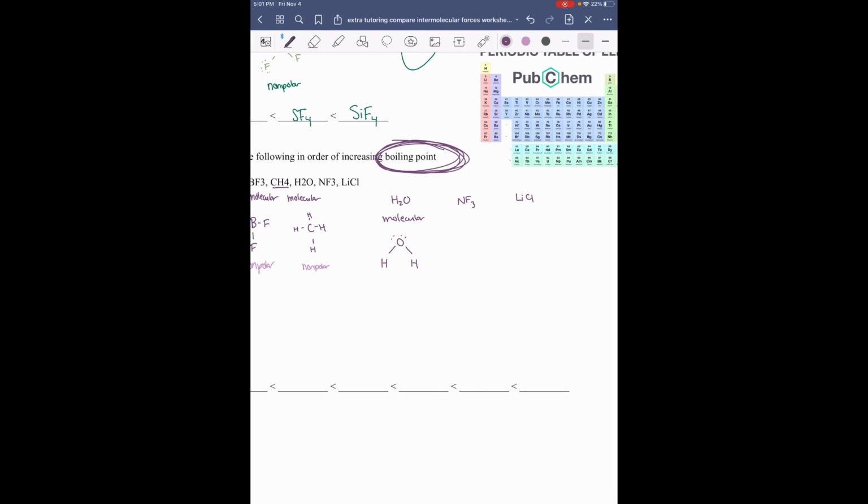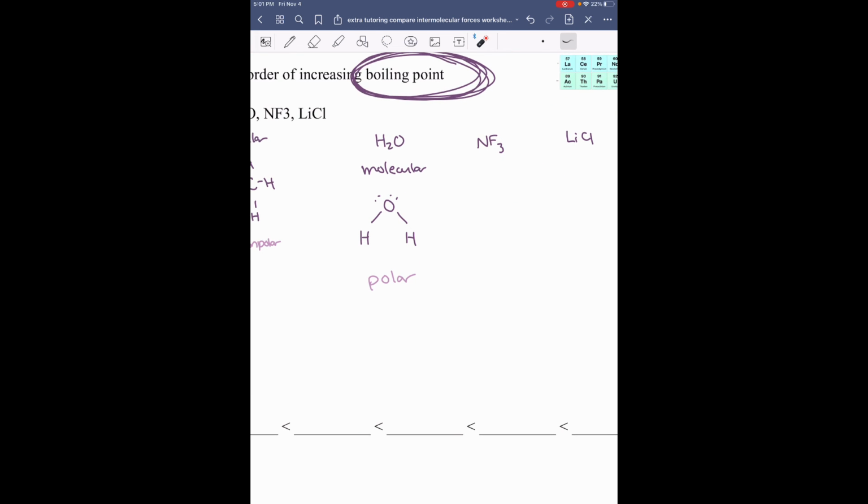H2O: is this going to be polar or non-polar? Polar, because you have the lone pair on the central atom. And then if it's polar, we can check for hydrogen bonding. What's our other requirement besides it being polar for hydrogen bonding? It must have a hydrogen bonded to a freak of nature, and that's what we have. So this is hydrogen bonding.